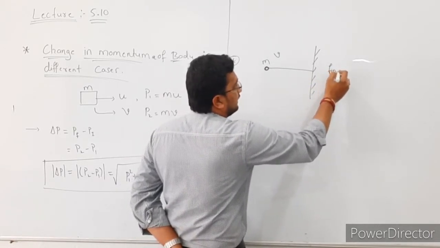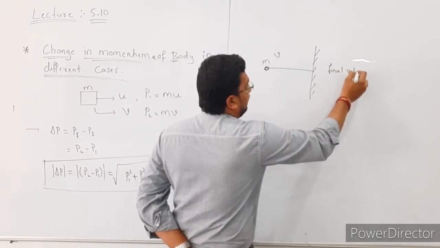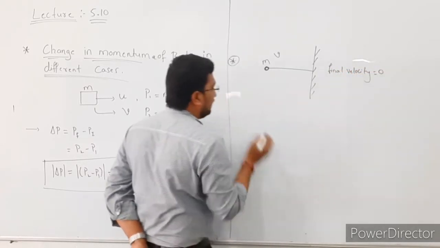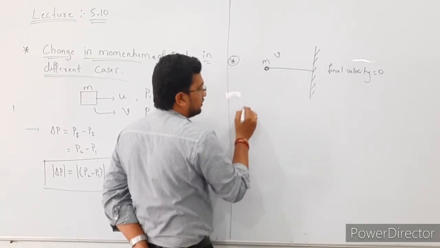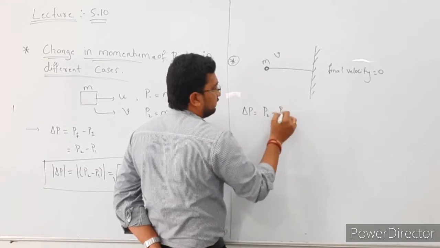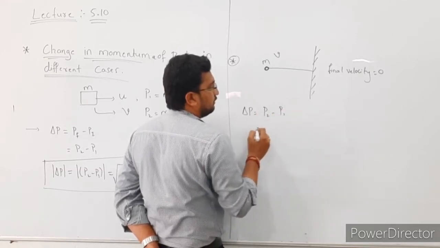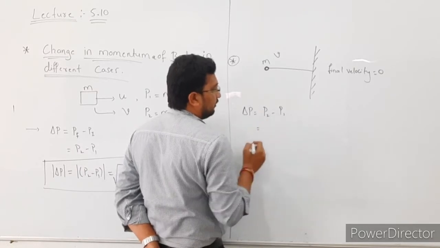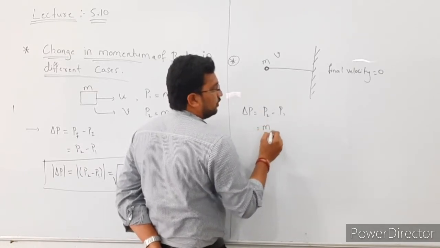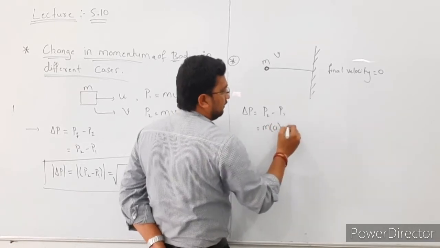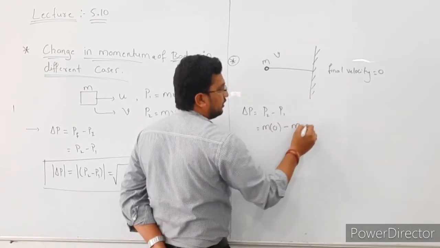Okay, see here, then the change in momentum is equal to p2 minus p1, or final momentum minus initial momentum. Here the final momentum is the product of mass and the final velocity, and the final velocity is 0, minus the initial momentum m into v.